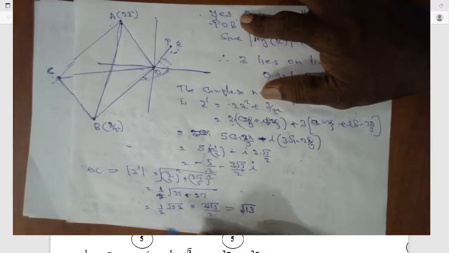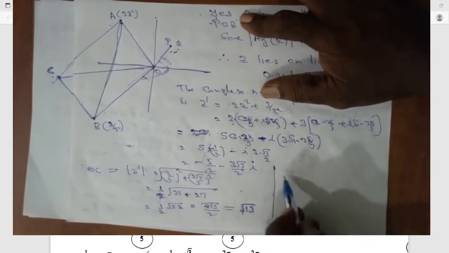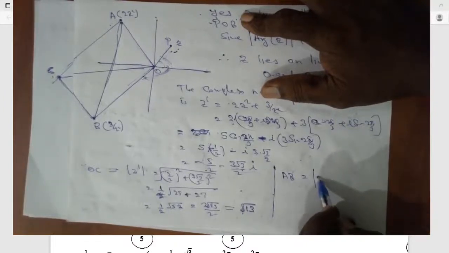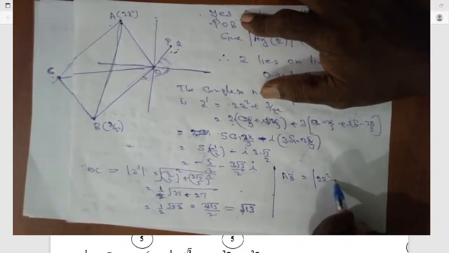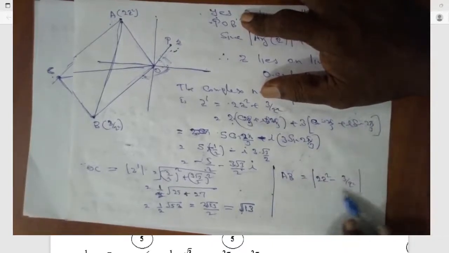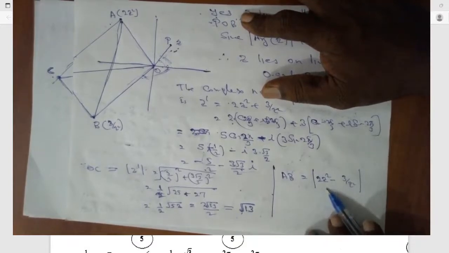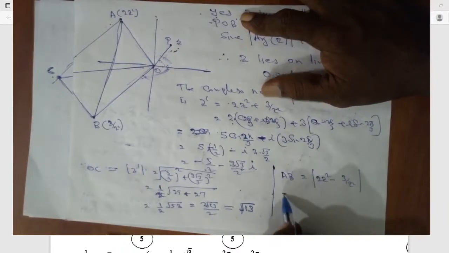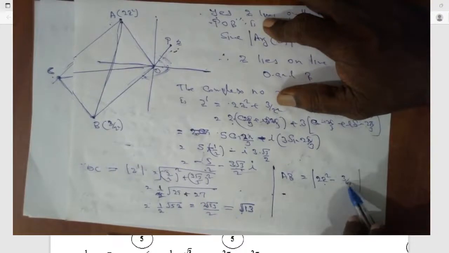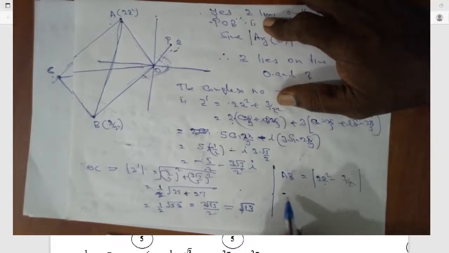So AB equals mod of 2z squared minus 3z squared.